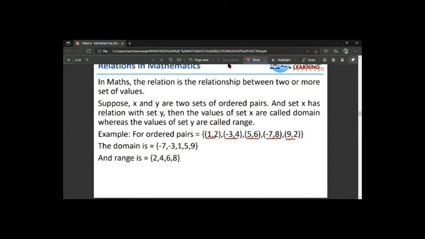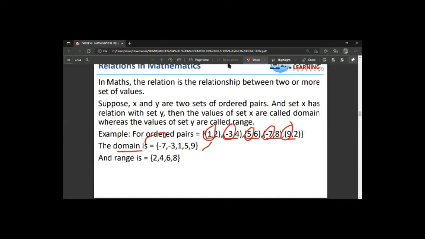So from that, we can write the domain. Di ba? Yung -7, yung -3, yung 1, yung 5, and yung 9. So in this case, kasi in-arrange lang niya into ascending order, so from lowest to highest. But it doesn't matter kung ano ang arrangement as long as nalista mo lahat ng domain or elements na dapat ilagay sa domain na set.